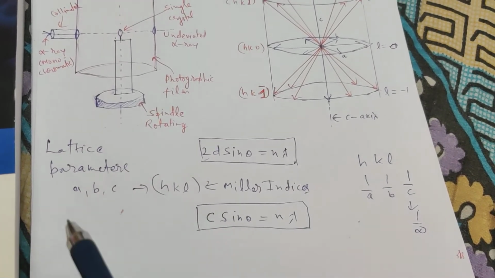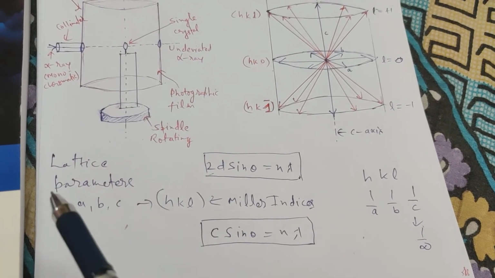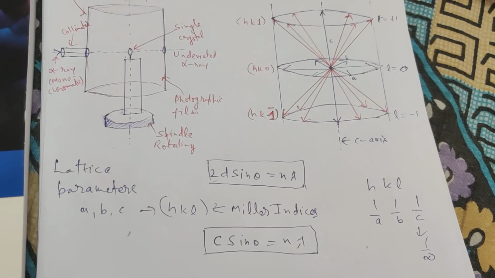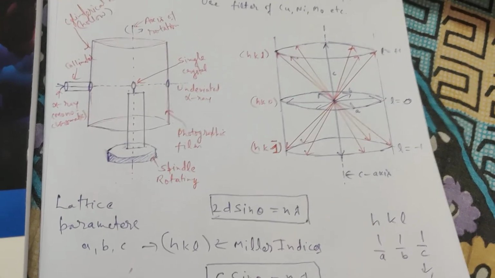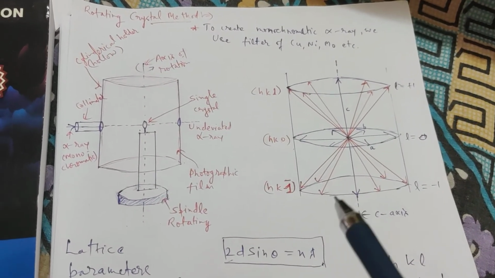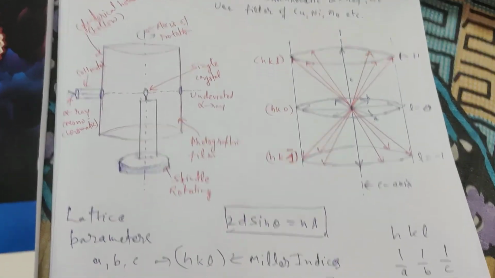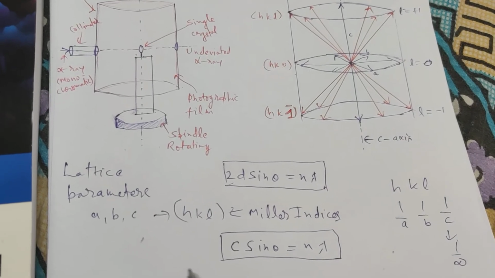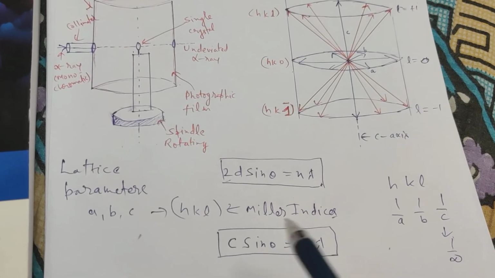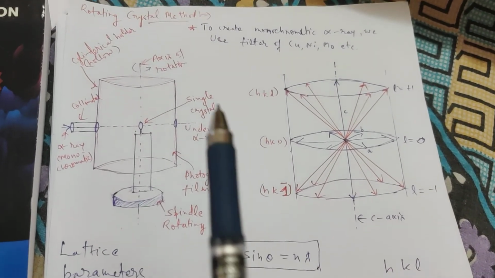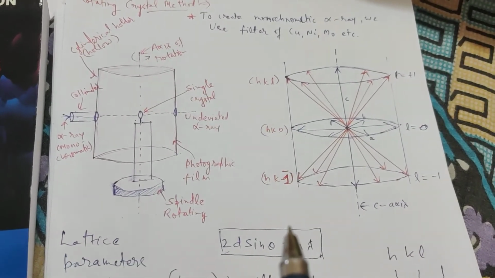Then by using the crystallographic density, I can determine the unit cell and the crystal structure. So I have overcome the main drawback of Laue's method, that is how to determine the crystal structure. This is the major benefit of the rotating crystal method.